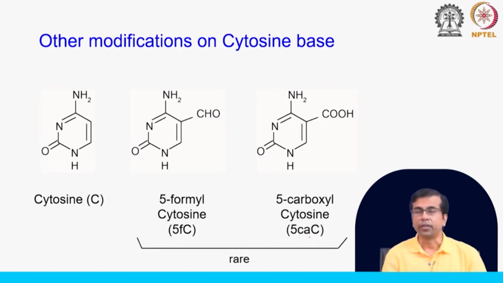There are other modifications on cytosine base as well, but these are rare. Compared to 5-mC or 5-hmC, these two modifications are quite rare in the genome. We will not be focusing on them today, but at least I should mention what these modifications are. One is formyl cytosine, or 5-fC, you can see this CHO group, and then on the right you have the 5 carboxyl cytosine, or 5-caC, and you see the COOH group.